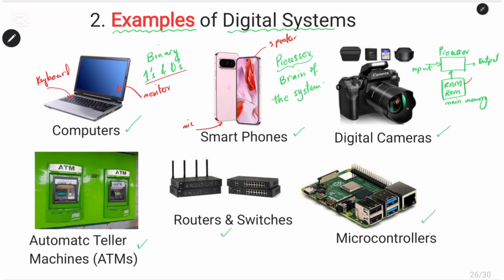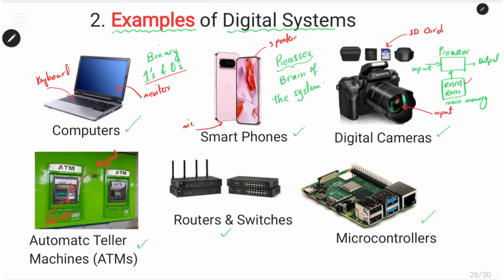The image that is captured through the lens can be the input, and the output will be displayed on the screen and at the same time can be stored on the SD card. So for the automatic teller machine, you have the keypad, which allows you to enter the amount that you want to withdraw, and the output will be the opening case, which opens when you want to receive your money.